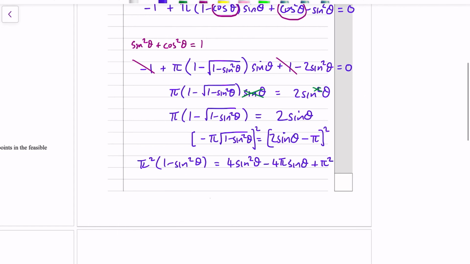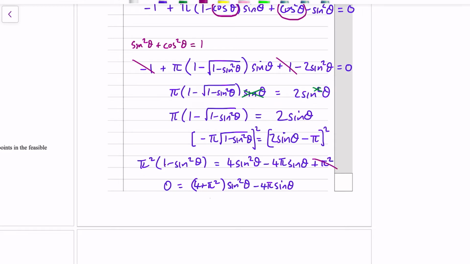And this is a quadratic equation, so I can make it equal to 0. 4 sine squared on the right hand side with another pi squared sine squared, so 4 plus pi squared times sine squared minus 4 pi sine theta, and then I've got a pi squared on both sides which cancel.